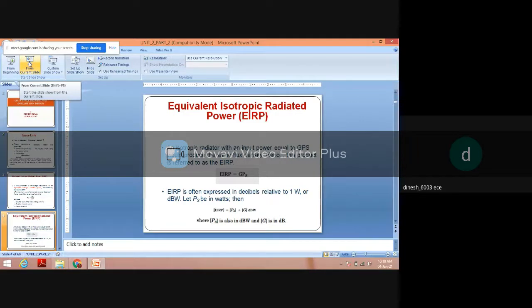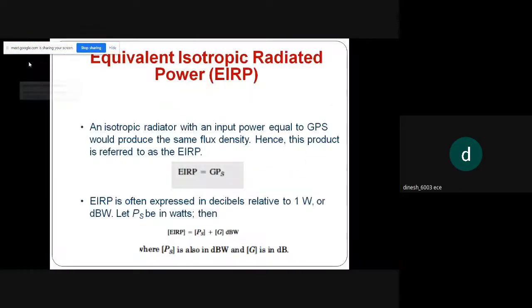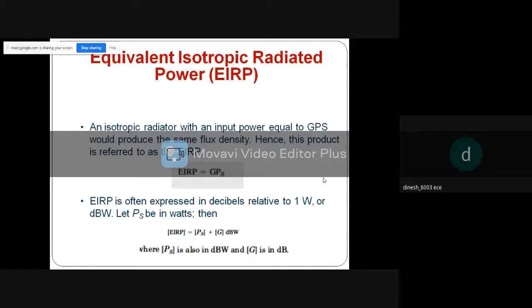Hence, the product is referred to as the EIRP for an isotropic radiator. It is always expressed in decibels, as said earlier, relative to 1 watt, or decibel watts.